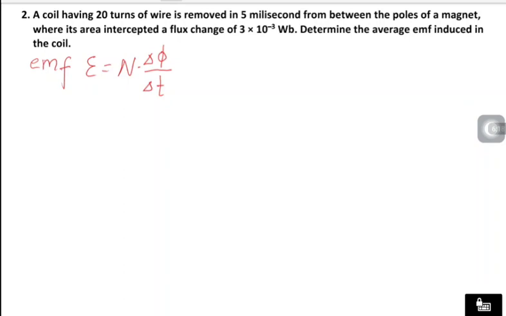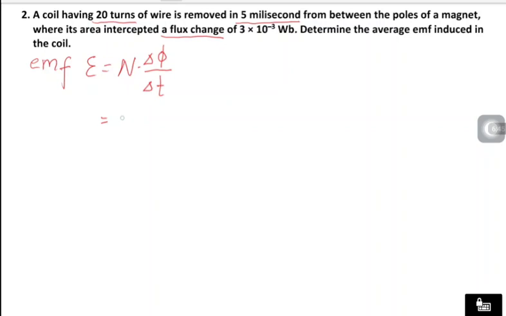So we state that the known quantities are time, turns, and the flux change. Okay, we input these values.